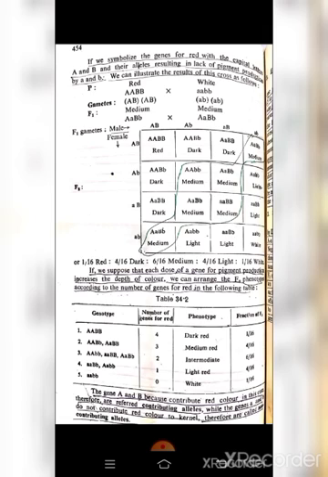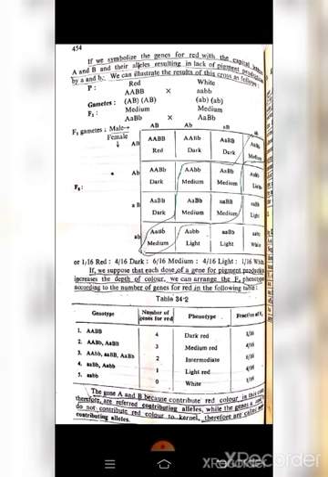On the left side, likewise AB, Ab, aB, ab. Now combine these gametes in the boxes.